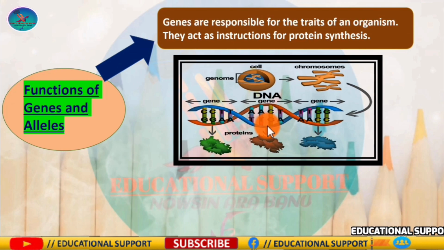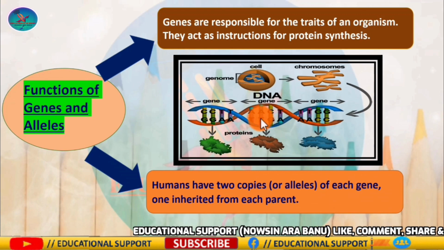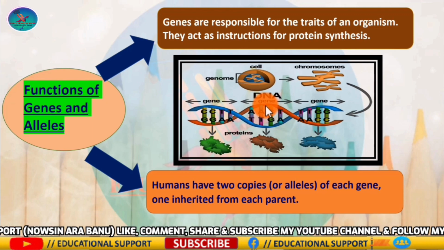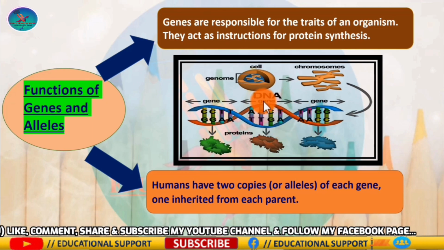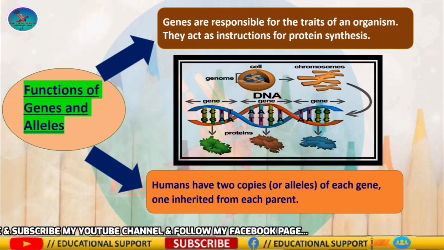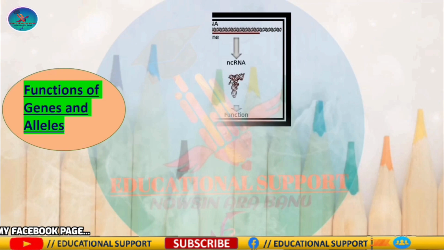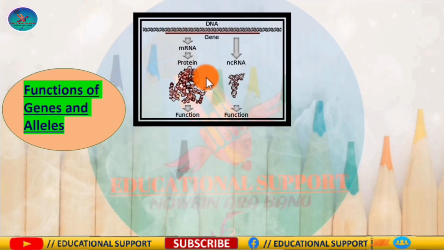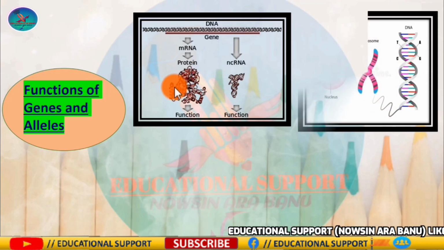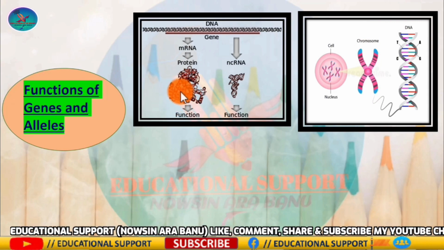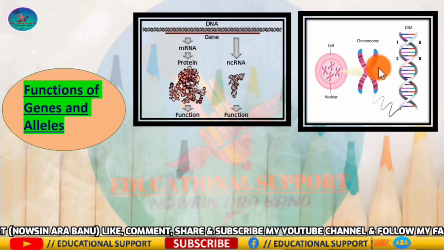So, humans have two copies of each gene, one inherited from each parent. These are known as alleles, which play an important role in shaping the features of an individual. Alleles are versions of the same gene with slight variations in the sequence of DNA bases. These small differences among alleles of the same gene contribute to each person's unique characteristics.